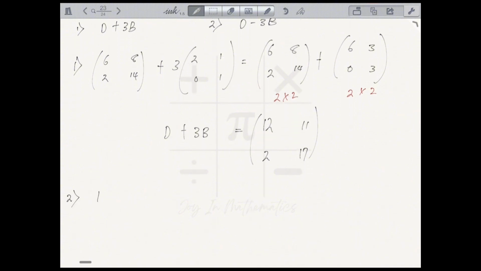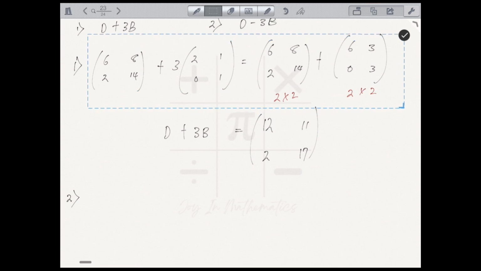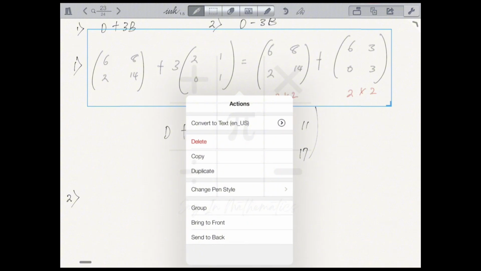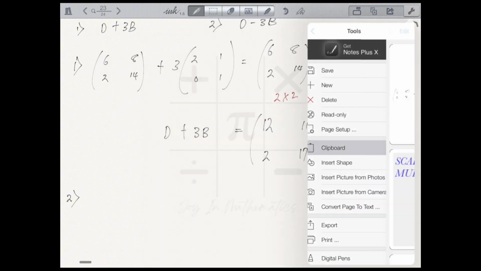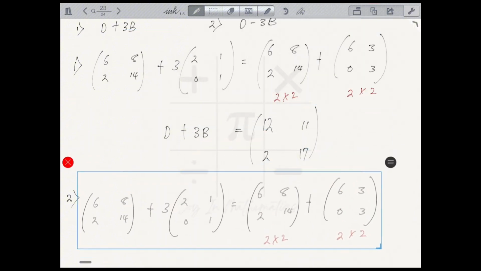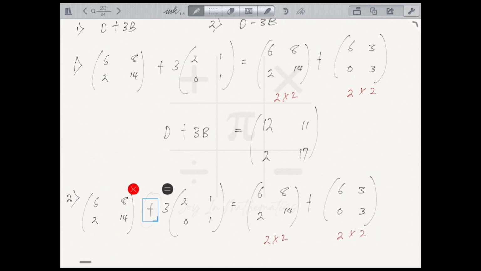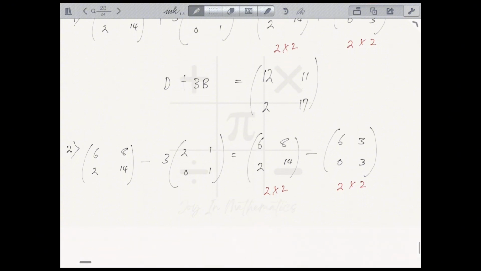So we have D now minus 3B. Now it's simply the same thing that we have here, except that it is negative.